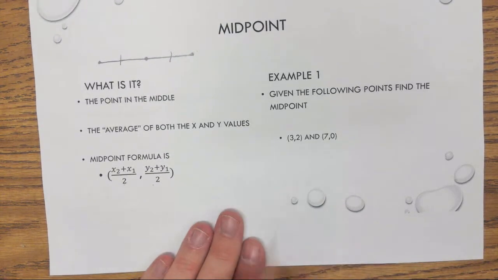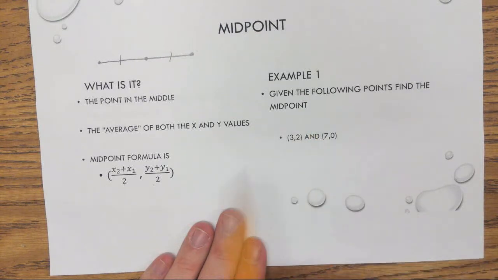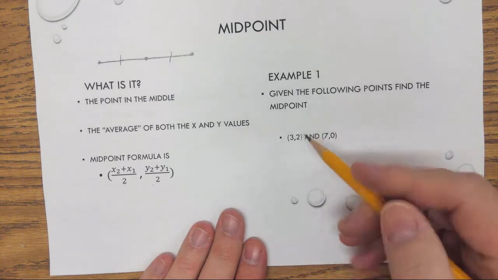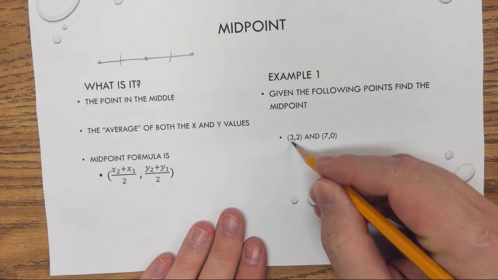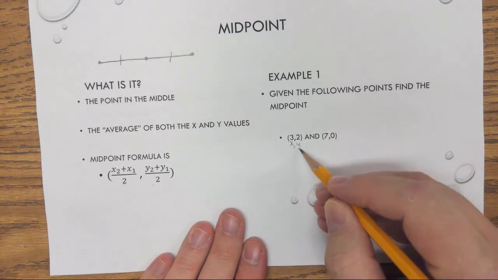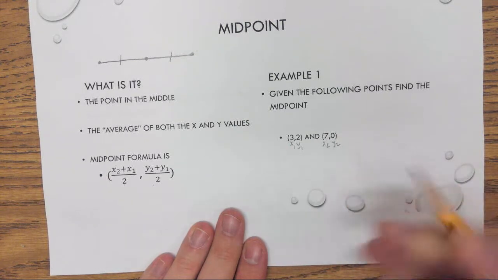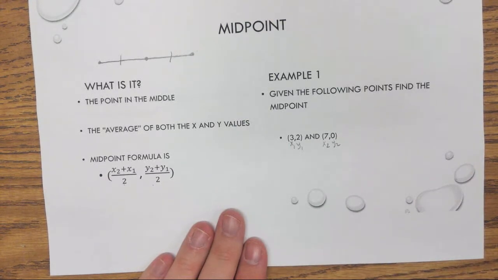So let's do an example. So given the following point, find the midpoint. Well, here's the x. Let's call that x1. Call this y1. Call this x2 and y2. And we'll plug them in to this formula.